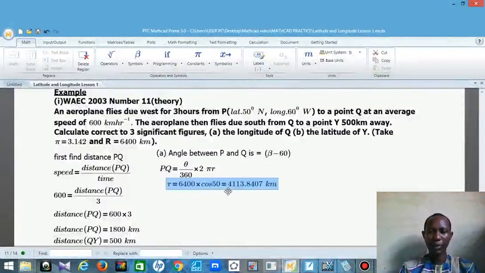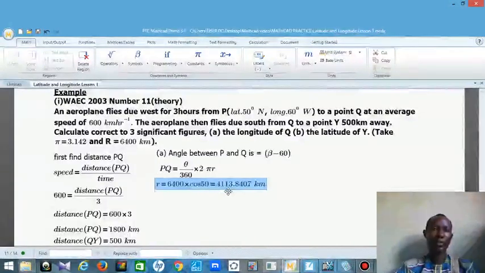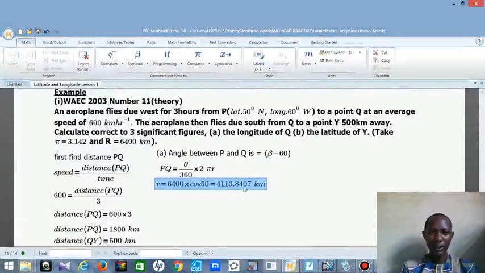Take note, always put your units, very important. So this is the small radius.